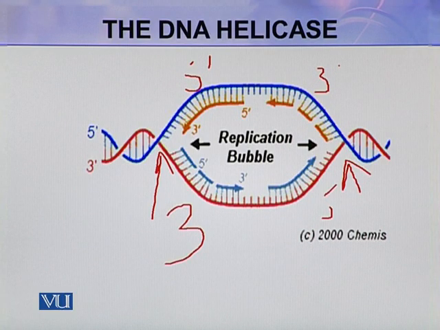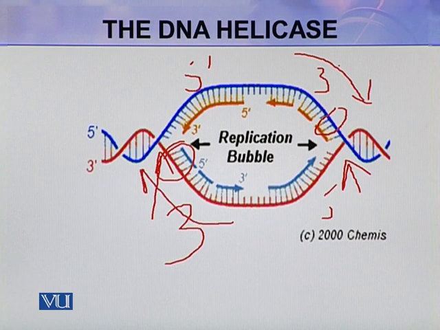So this strand will decide the polarity of the DNA helicase. Either it will bind here and the polarity will be 5 to 3, or the helicase will bind here, and the direction will be 5 to 3 prime. So this is the polarity of DNA helicase.